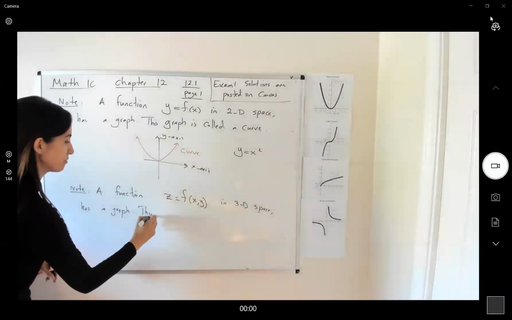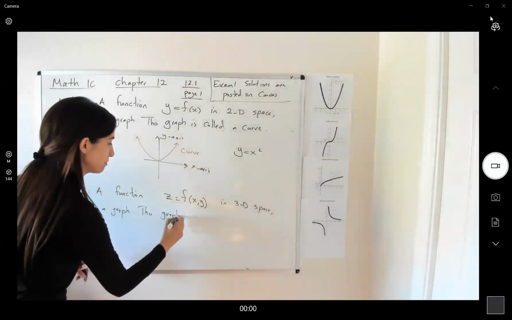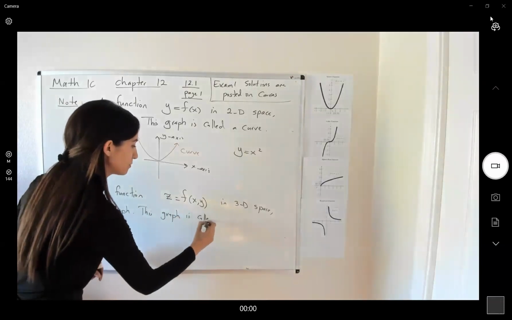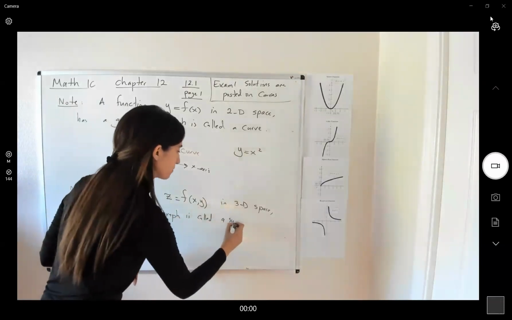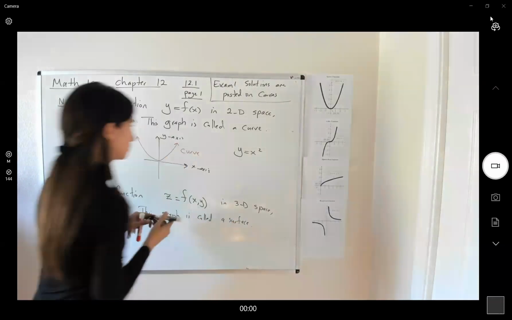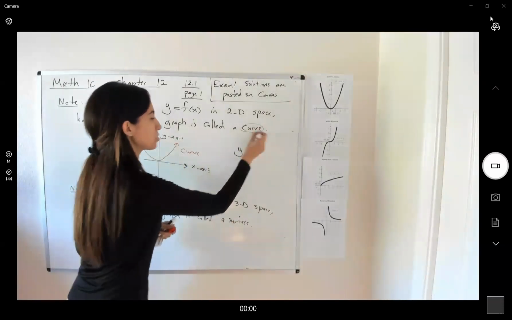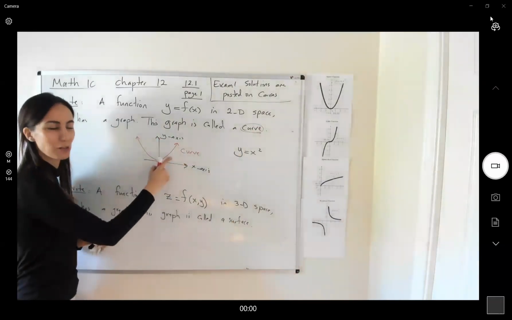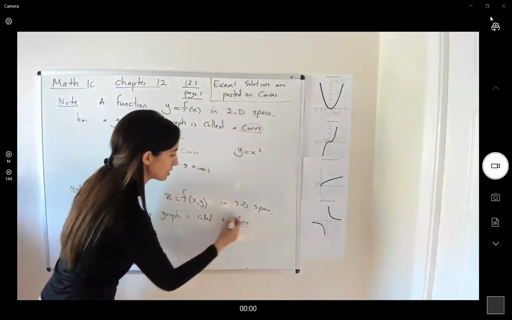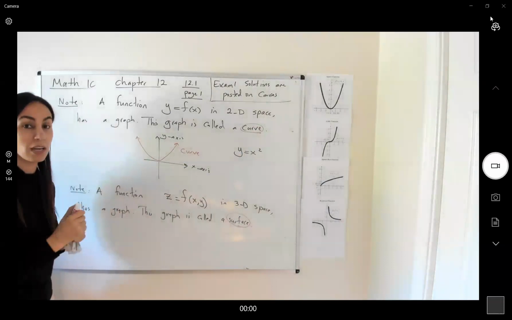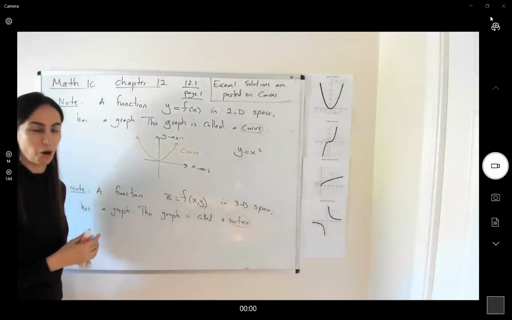This graph is called a surface. So remember that when you're talking about a curve, you're talking about a two-dimensional graph. When you're talking about a surface, you're talking about a three-dimensional object.